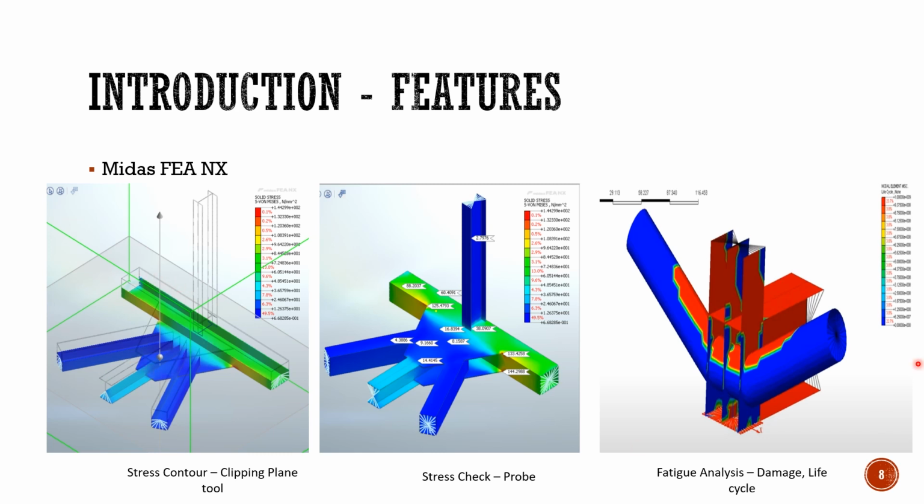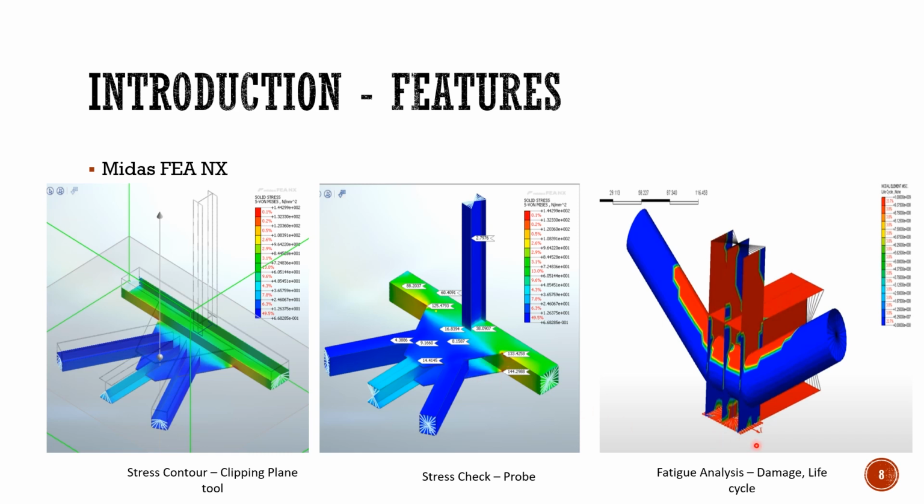Further, we have probe tool, where we can extract the result at a given node of the solid. As you can see in this image, when we click at this location, we can get the stresses at this particular location.